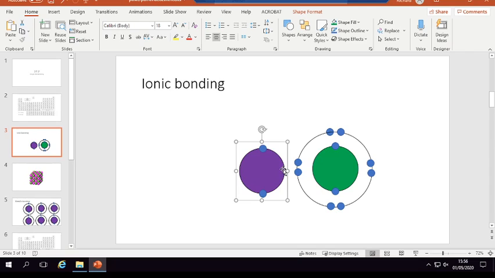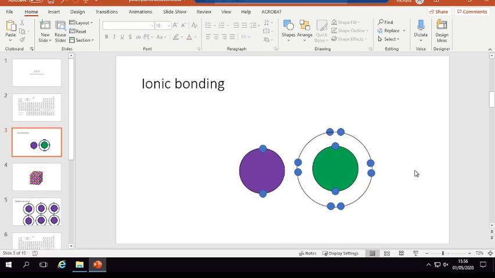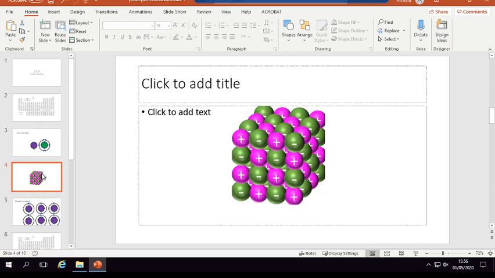So we're talking a lot about structure in this topic. We're talking about how all of the many millions of atoms are assembled. And that's obviously going to be quite different to how two atoms are assembled. So how are all the many, many ions that we get from ionic bonding organized? Well, that's this.